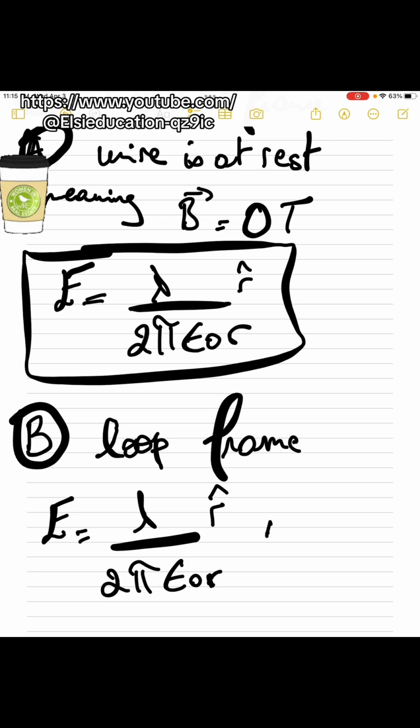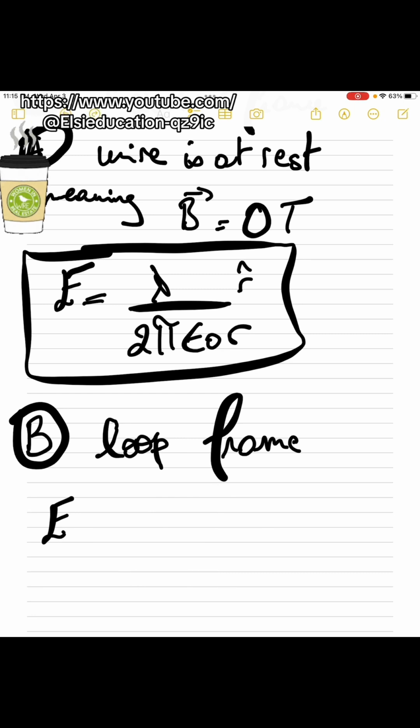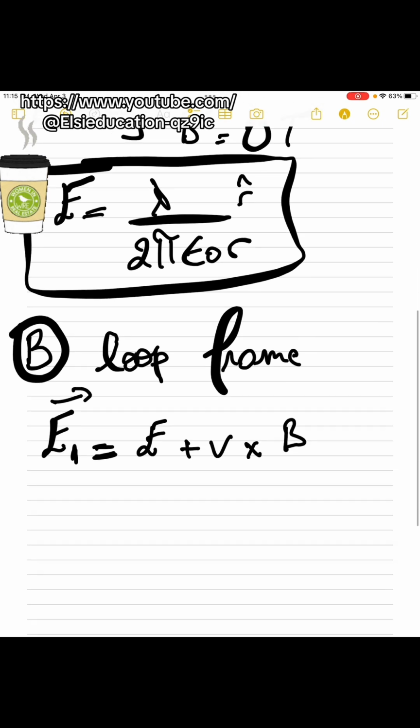Hold on, let me try something else. Actually, in the reference frame of the loop, the electric field is the electric field plus the speed multiplied by the magnetic field.